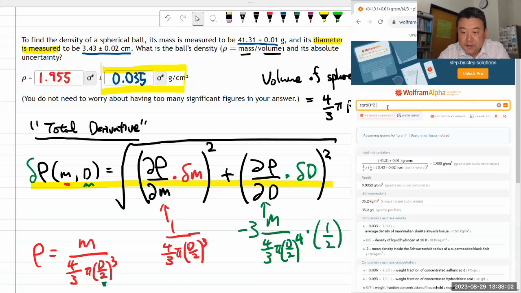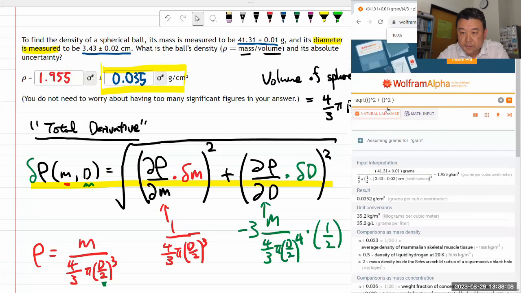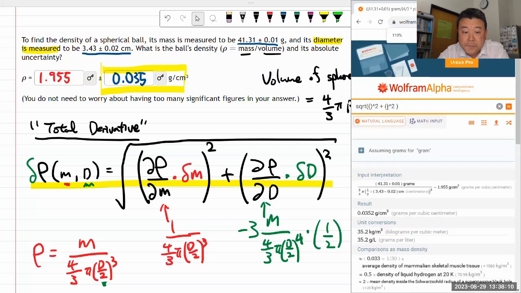And on the inside, I'm going to have two terms that are being squared. So this first term that's being squared will have 1 over 4/3 pi times d, which is 3.43 divided by 2, no, sorry, not squared, to the third power.